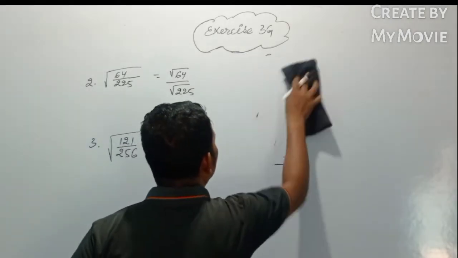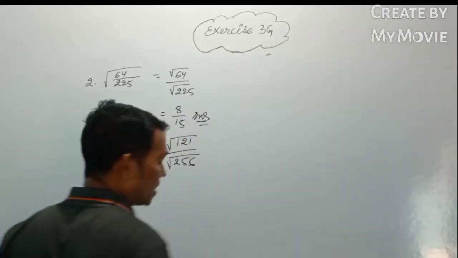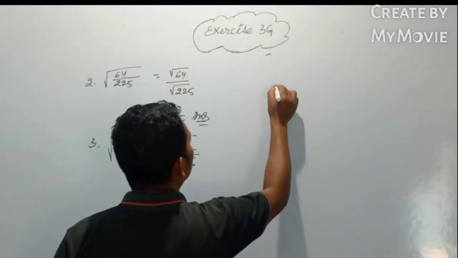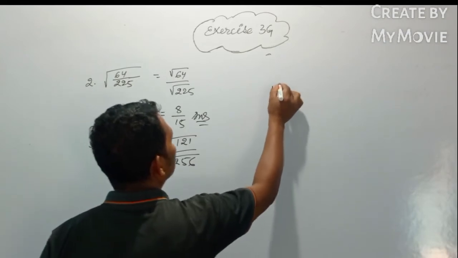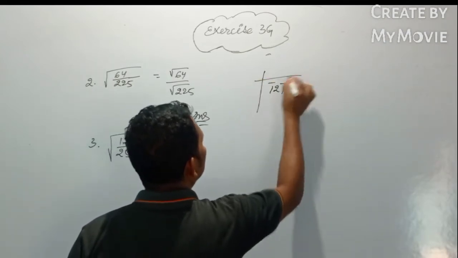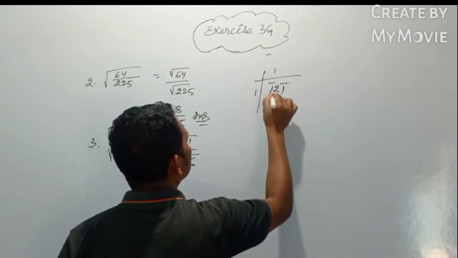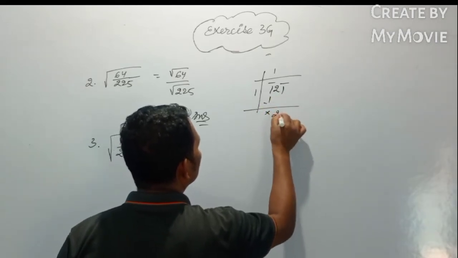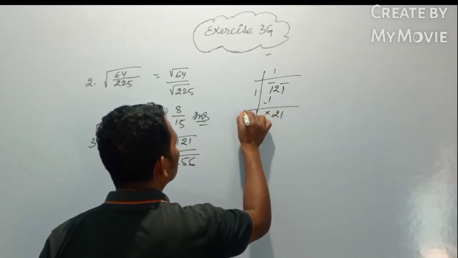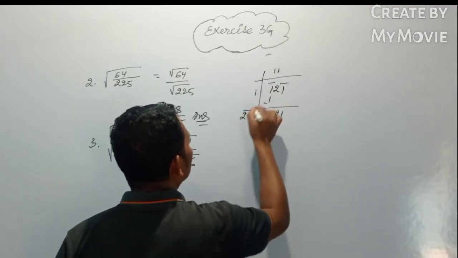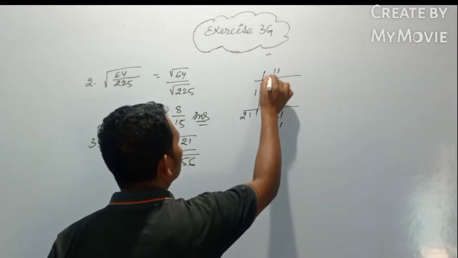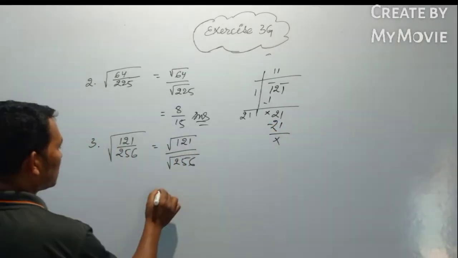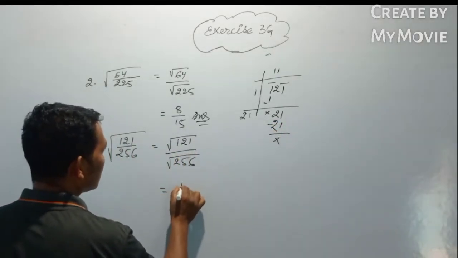Now find out the square root of 121. 1 1 is 1. 1 plus 1, 2. So 1 1 is 1. 1 2 is 2. So square root of 121 is equal to 11.